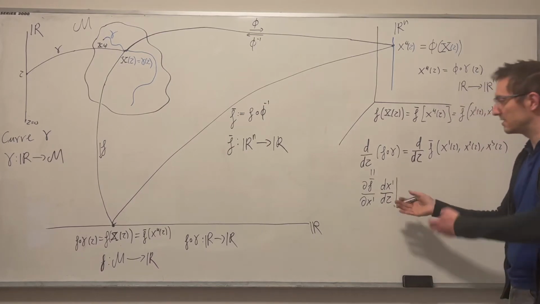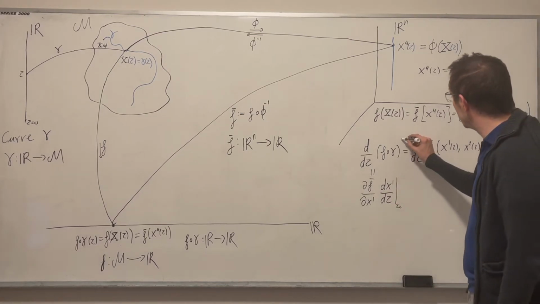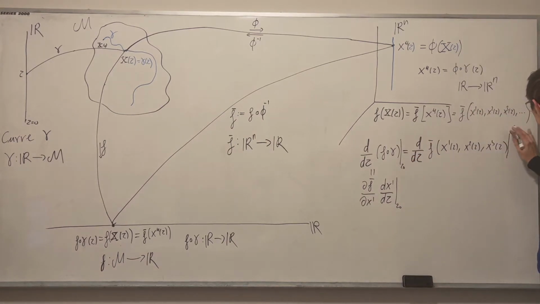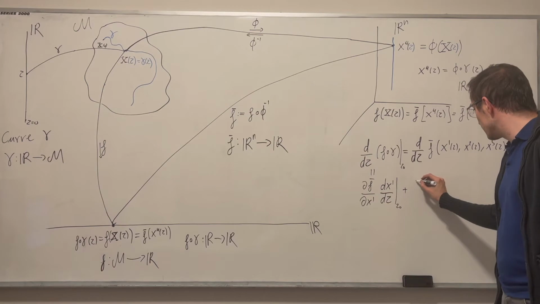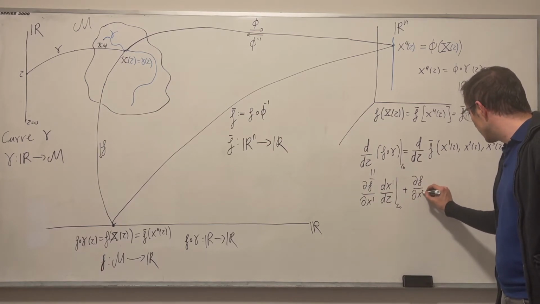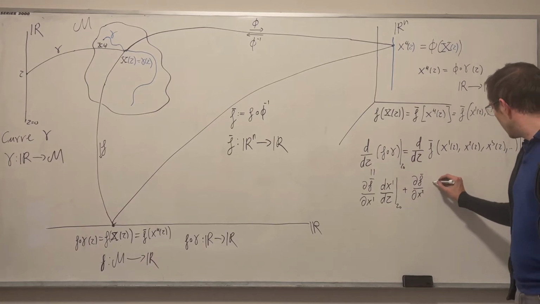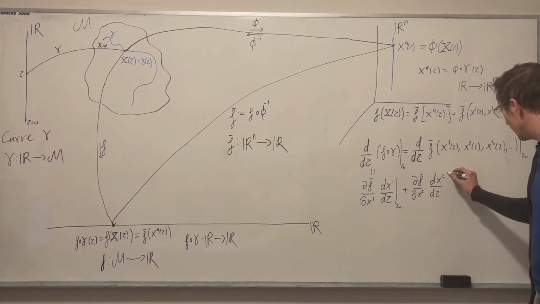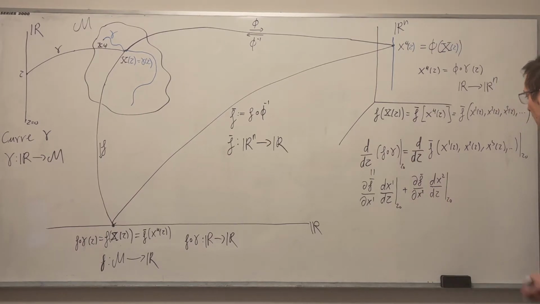So let's say that I'm at point tau 0. Let's say that I want to evaluate this derivative at the point tau 0. Okay? So we continue, and that will be now plus the partial derivative of f bar with respect to x2, and then dx2 d tau, evaluated at some point tau 0, plus etc., right? The sum of all of them.